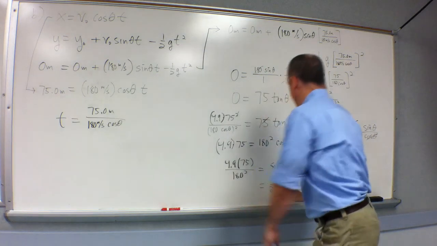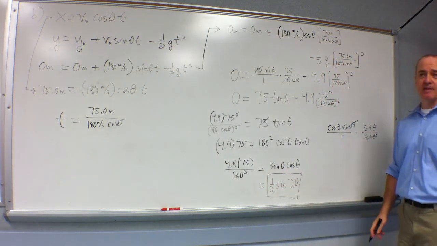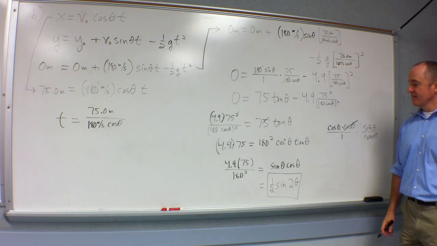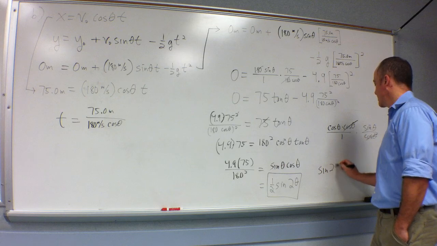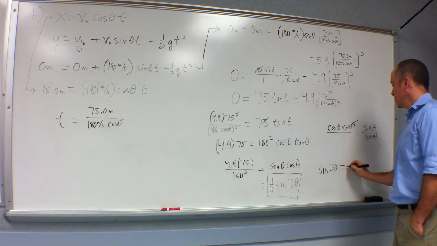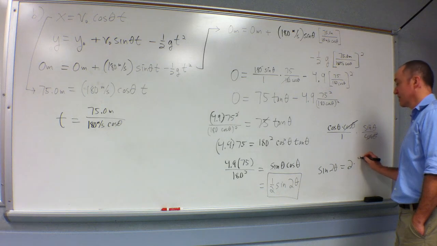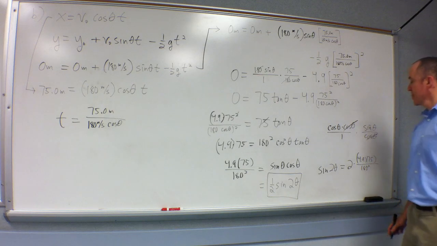No. Okay, so this is the key thing that you guys haven't learned, that the range equation makes a lot easier. With this, we can solve this. We're going to get down to sine 2 theta equals 2 times 4.9 times 75 over 180 squared.